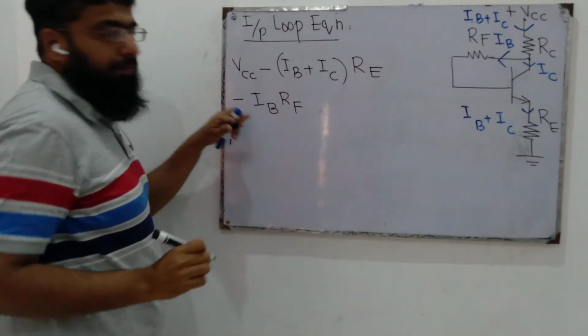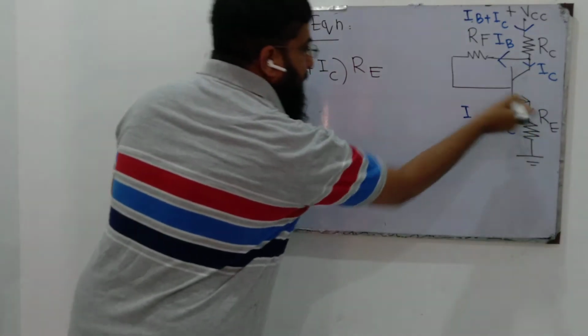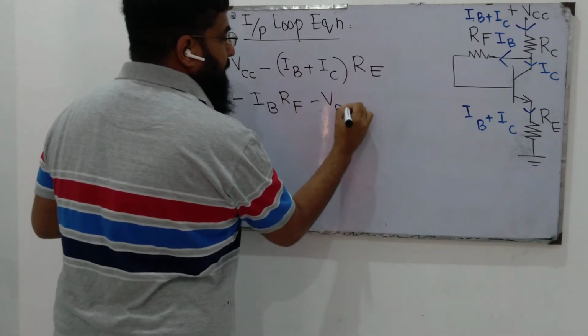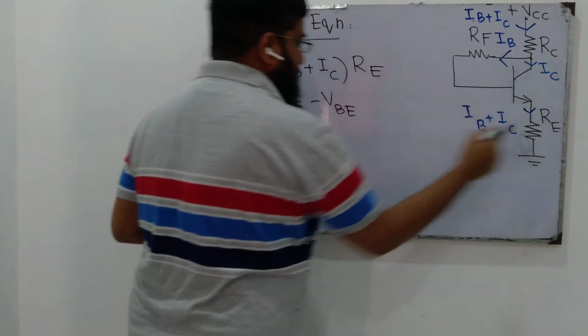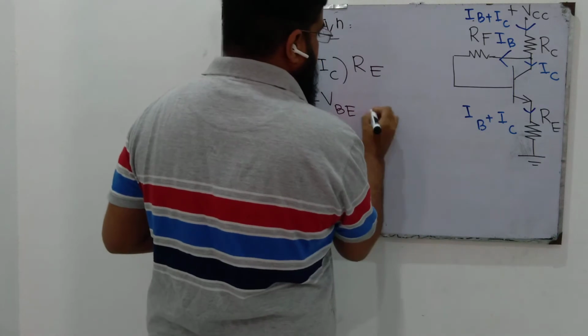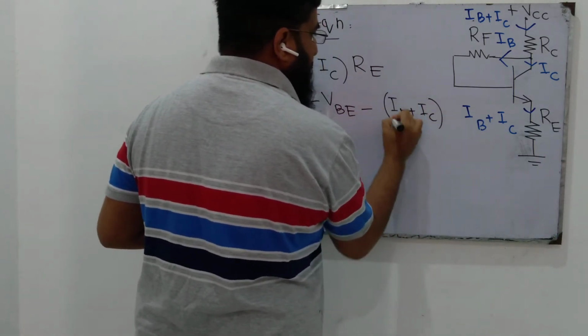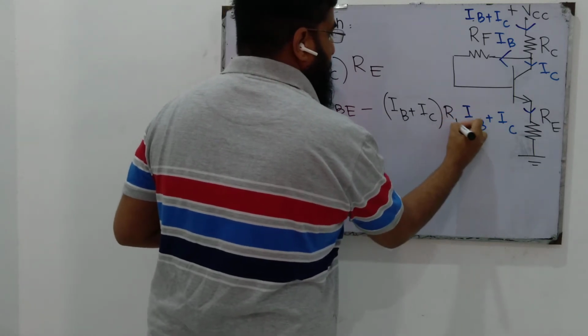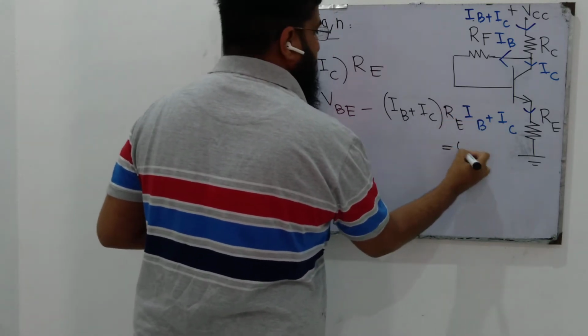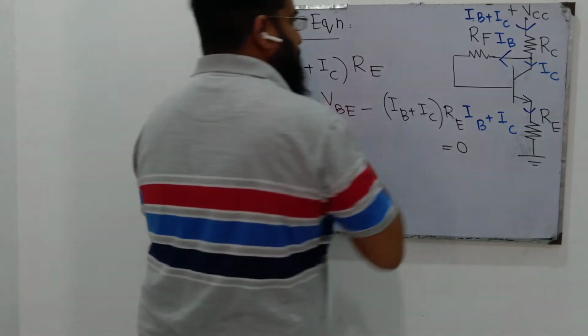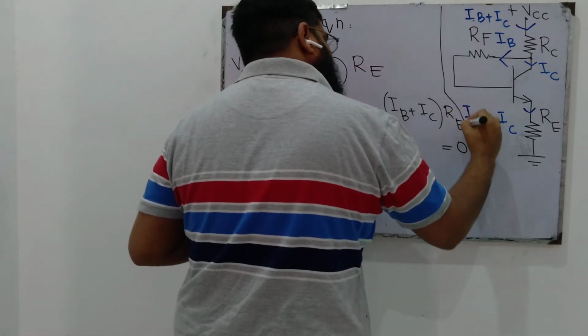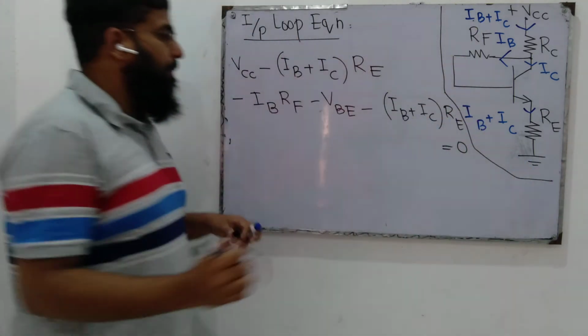This voltage drop should be written as negative. Minus the voltage drop across the base emitter junction VBE, typically 0.7, minus IB plus IC flowing through RE. This should be written equal to 0.